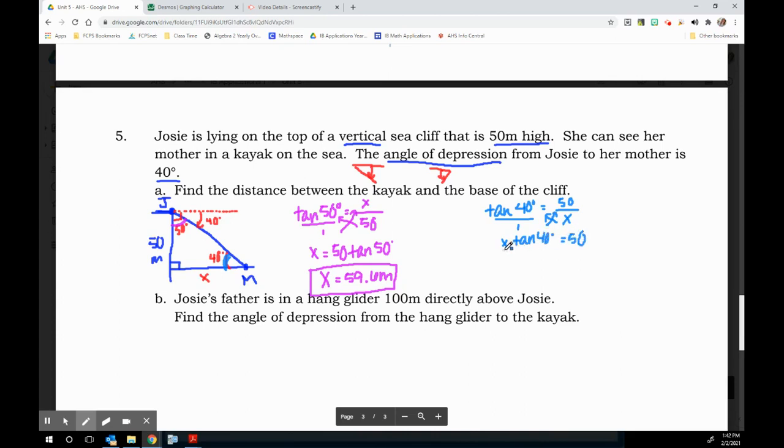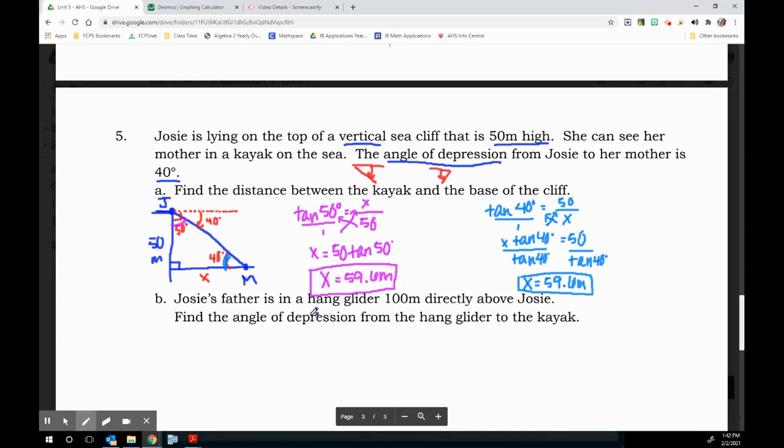This time though, I'll have to divide both sides by the tangent of 40. So in my calculator or in Desmos, I'll be entering 50 divided by the tan of 40. I'll still get 59.6. Again, it's just a matter of which one you preferred to use. You still get the same answer either way, but just whichever one sticks out to you more, the 50 or the 40.